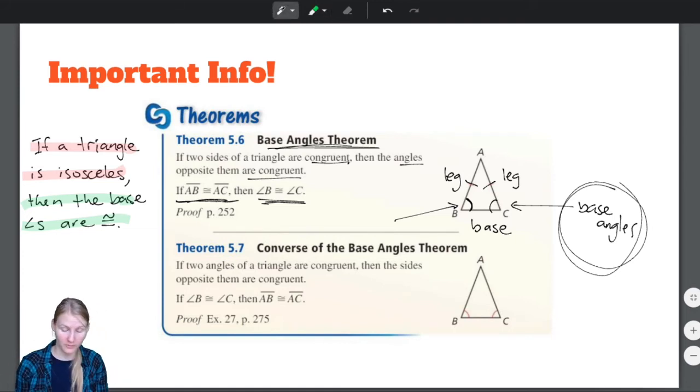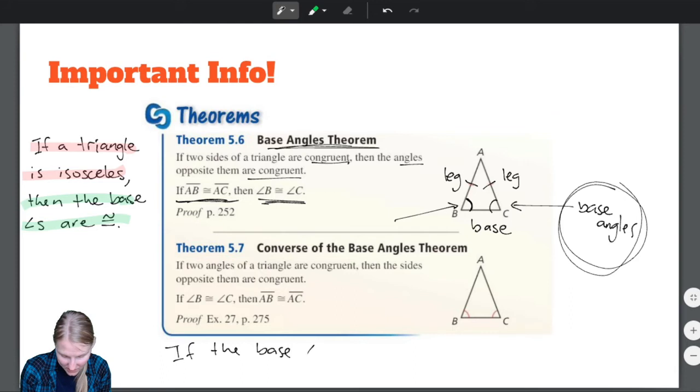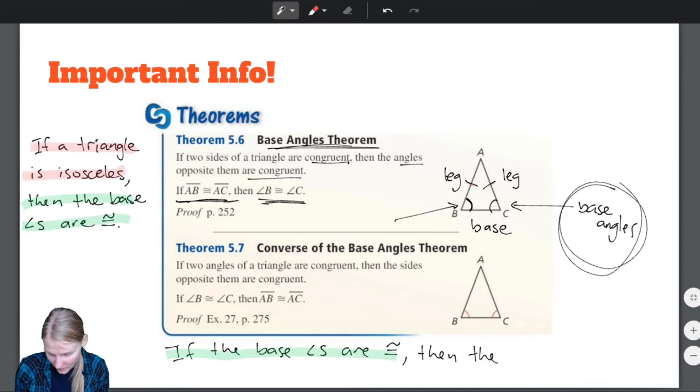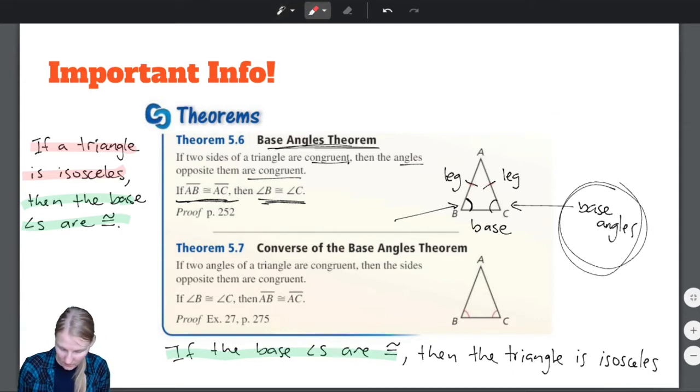What the converse says is if the base angles are congruent, then the triangle is isosceles.